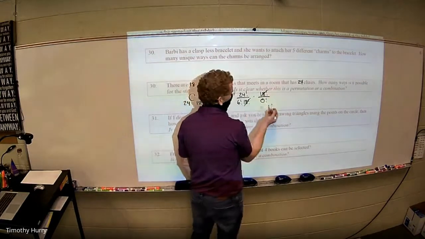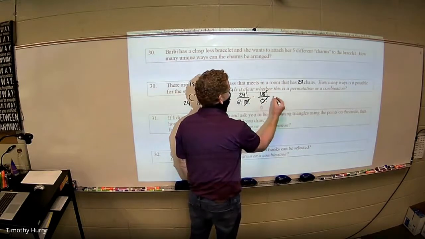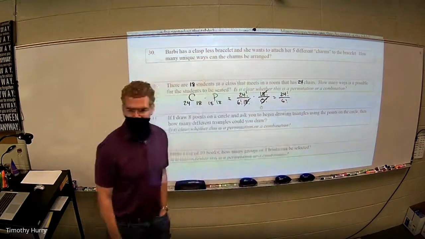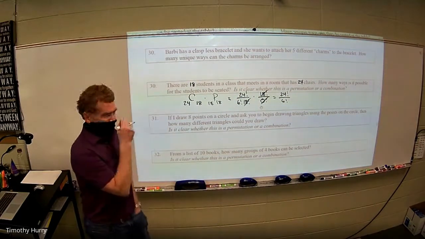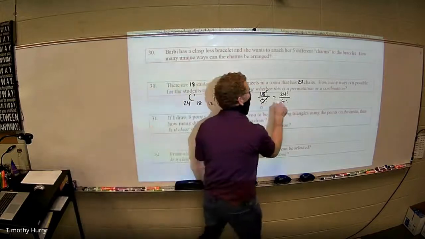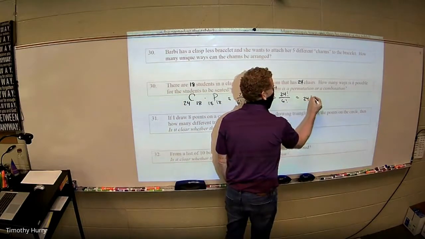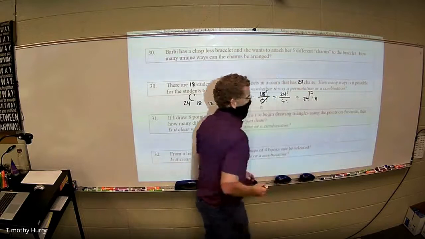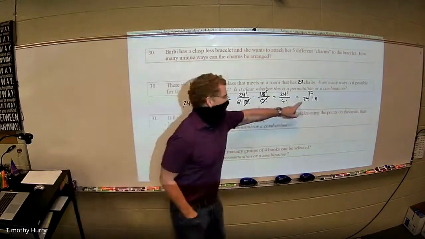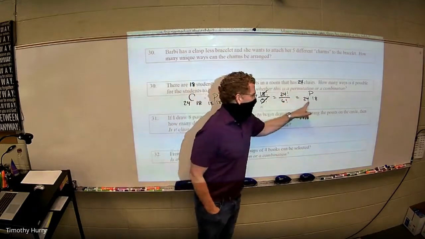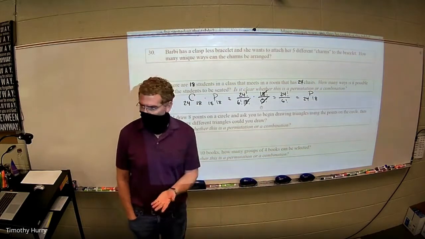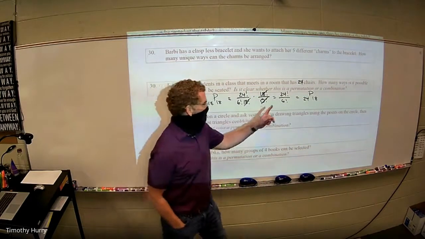The 18s, and what's 0 factorial? 1. So I'm really just left with this, aren't I? Anybody know what 24 factorial over 6 factorial is? Isn't that 24 factorial over the difference factorial?